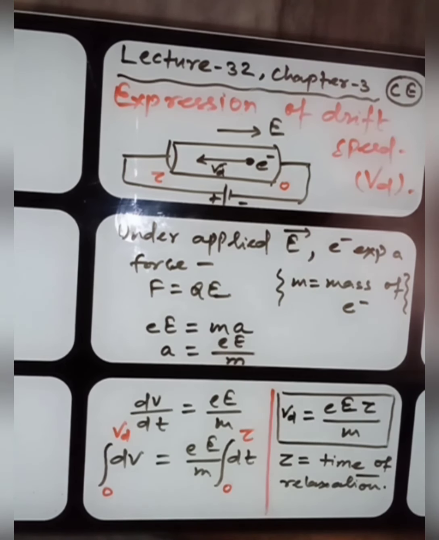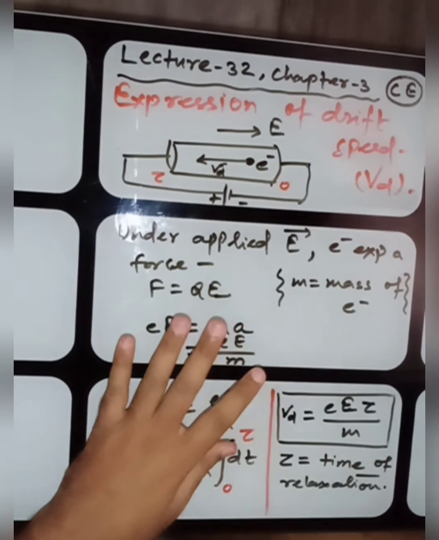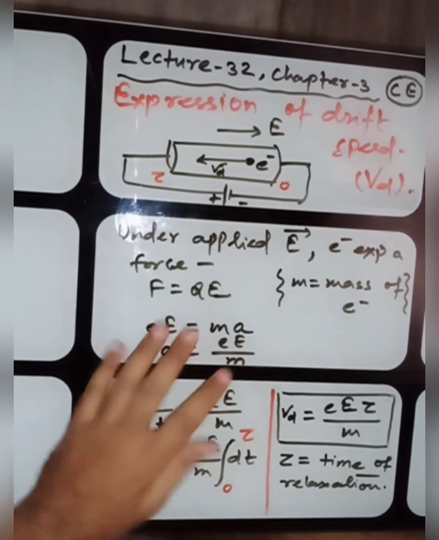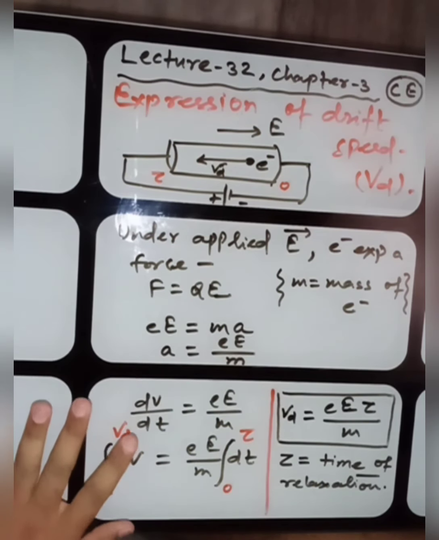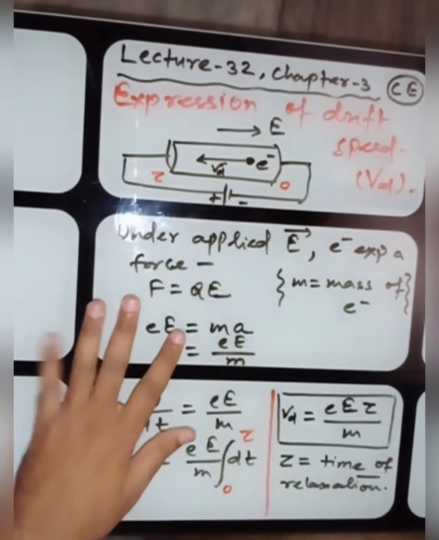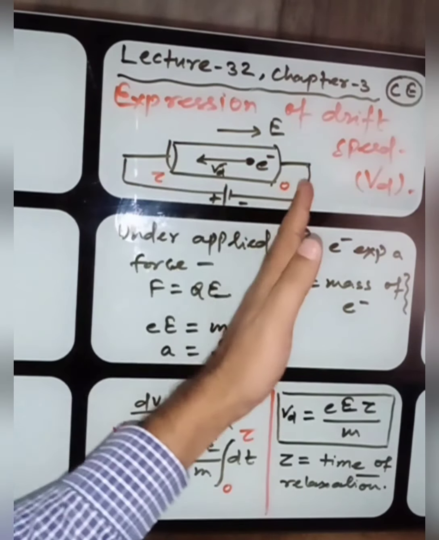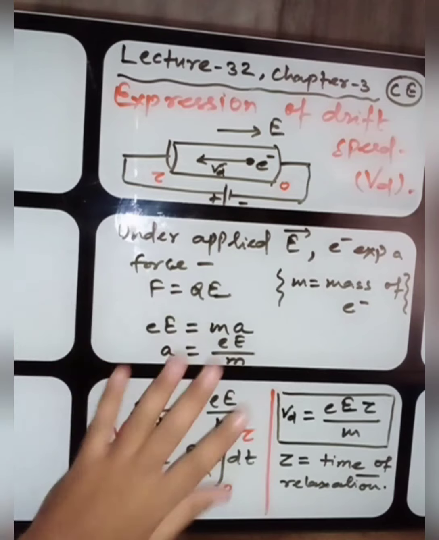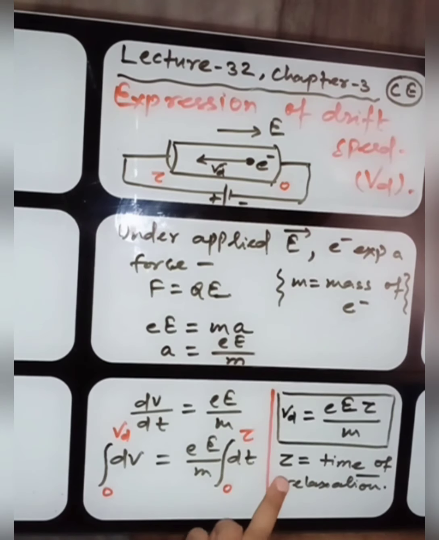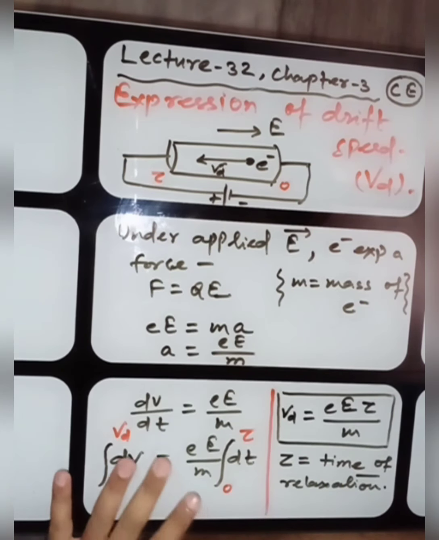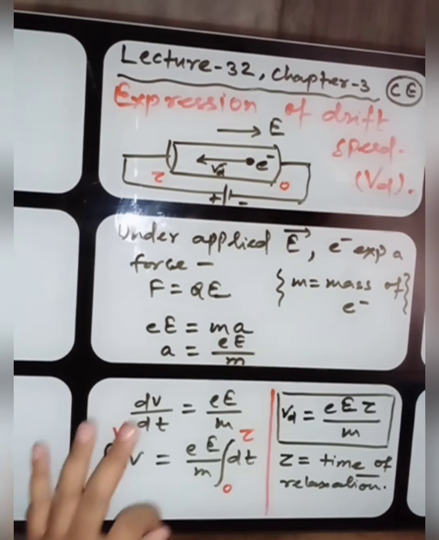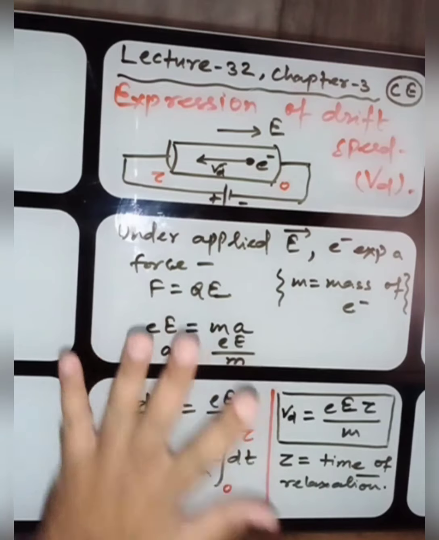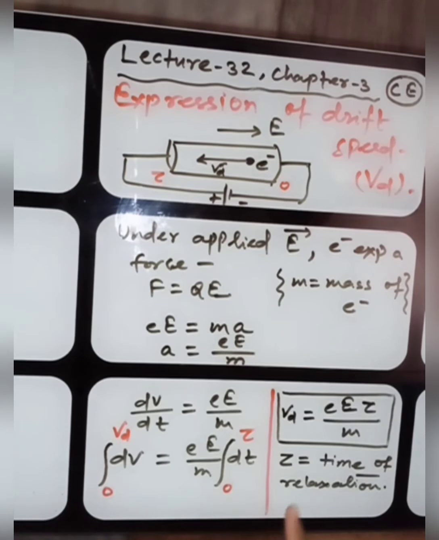You can write the definition of the time of relaxation, my dear student: the average time between two successive collisions. You can say the average time taken by the particle to move in the conductor sample. So tau is the time of relaxation, the average time between two successive collisions we are considering here. And this is the simple derivation of drift speed.